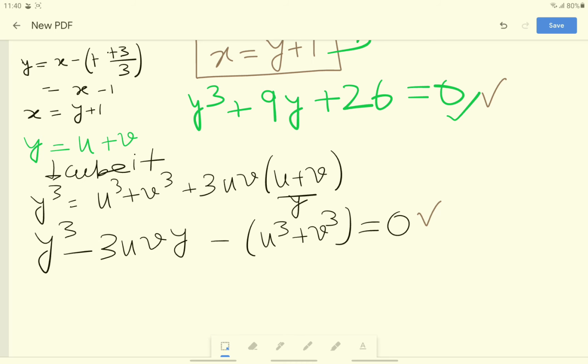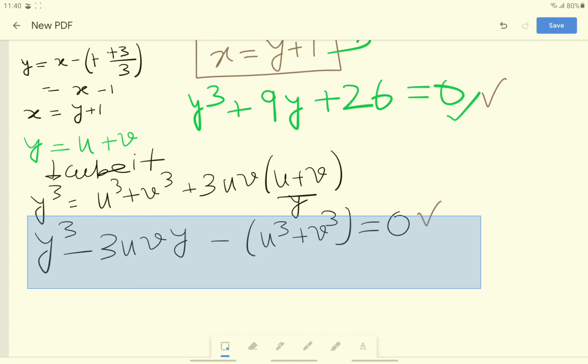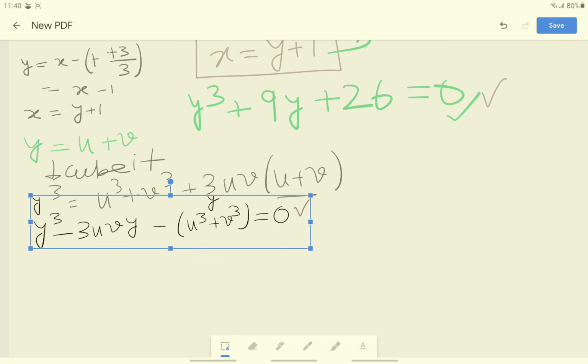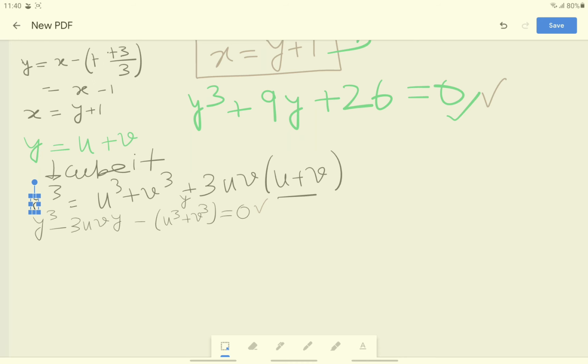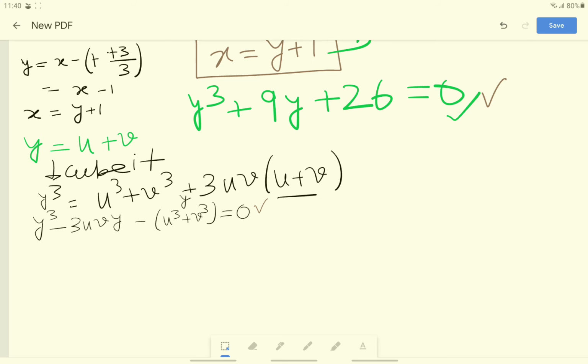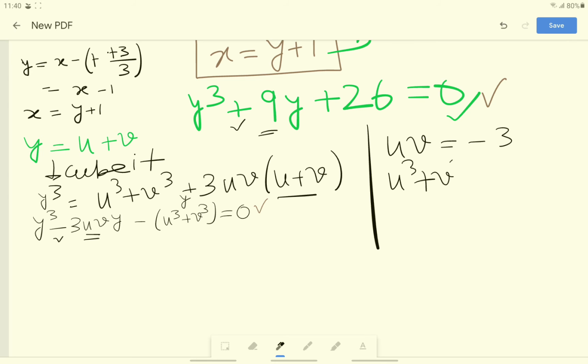So now we compare. We can see here 3uv and here we have 9, but the sign is positive in one and negative in the other. So we get uv equals negative 3 and u cube plus v cube equals negative 26.